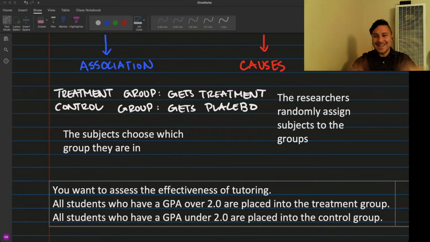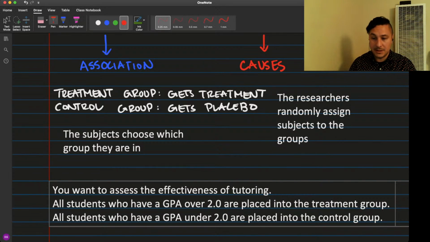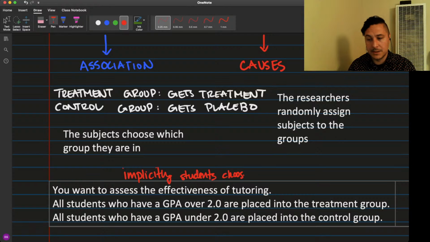Yes, exactly. It's because of the decisions the students made in the past, and you're measuring their grades, and that has to do with the choices that they made. So implicitly, the students chose or determined their GPAs.